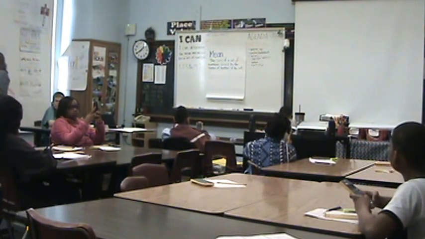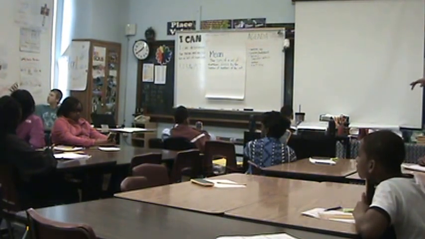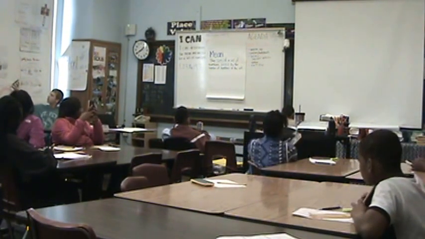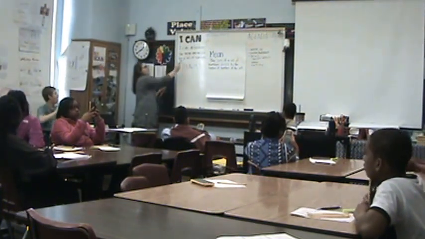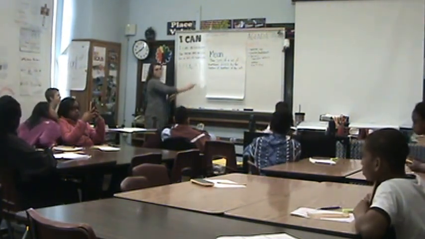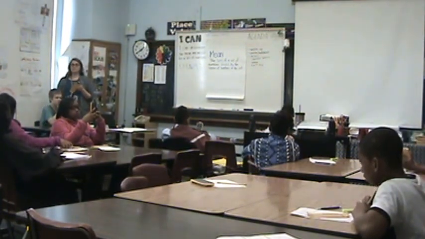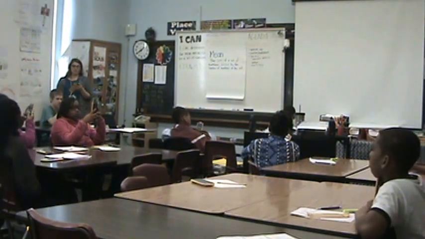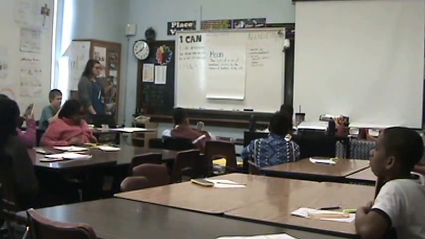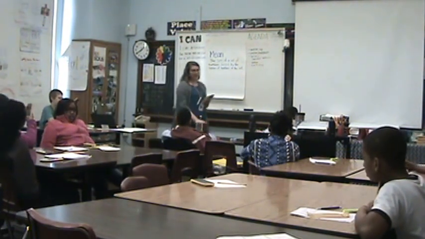Rayvon, punch in the numbers. Lexi, punch in the numbers. Right here. These are our numbers. 1 plus 23 plus 16 plus 19 plus 7. Those are our 5 numbers.